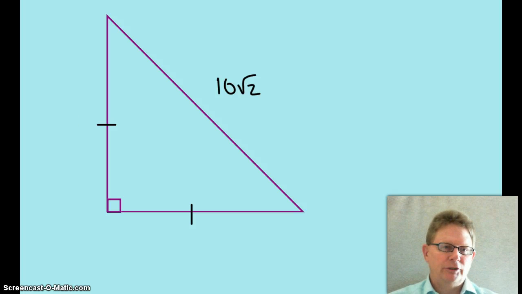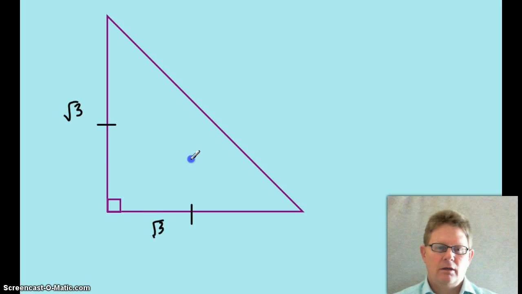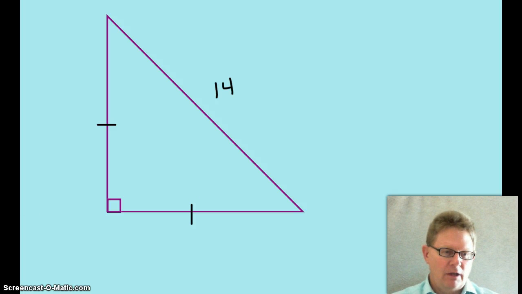Maybe a little bit of a trick if I did this to you, root 3. Well, that would be root 3. Multiply that by root 2, root 6. Didn't trick you a whole lot, did it? Here's where the tough one's going to be. If I give you this like 14, that might mess you up. But what did the theorem tell you to do?